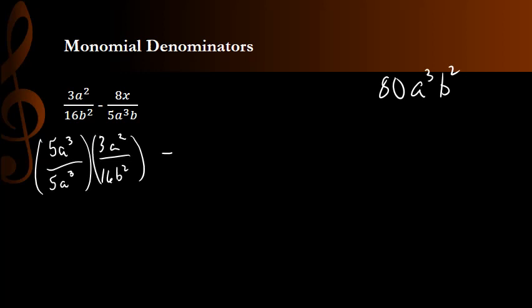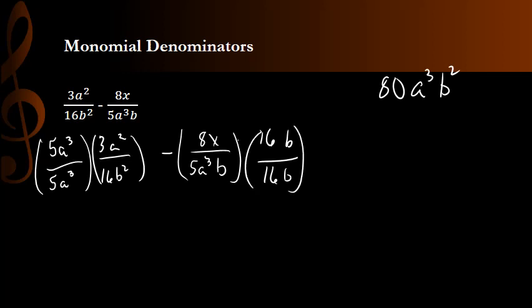I'm going to put those in parentheses, keep my act together. Then we're going to have some subtraction, and I've got 8x over 5a cubed b. Now, what am I going to have to do to get this 5a cubed b to equal 80a cubed b squared? Well, I believe I'm going to have to multiply it by 16b over 16b. The a cubes are okay.